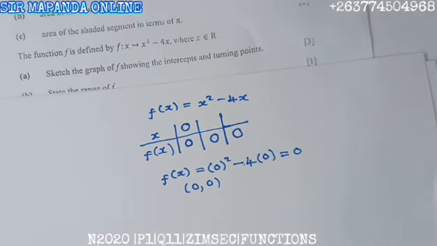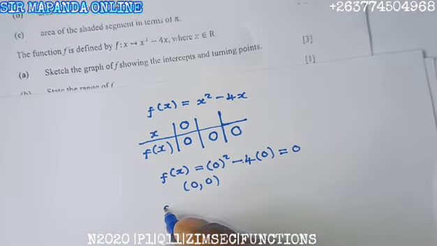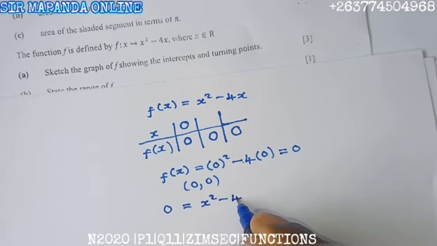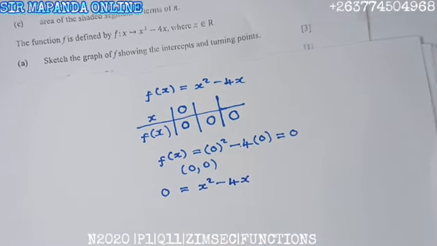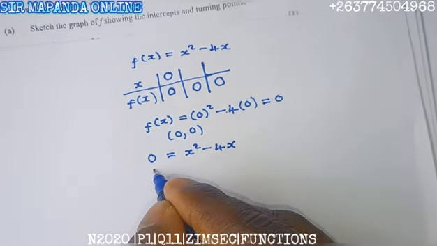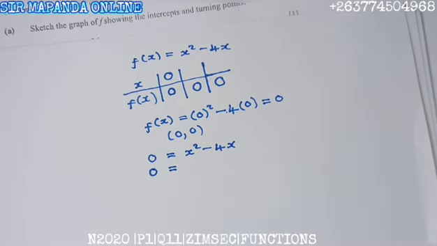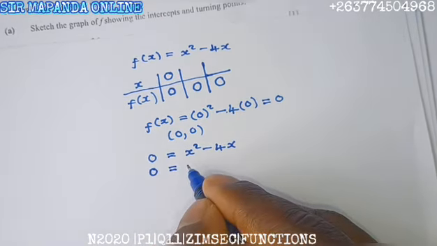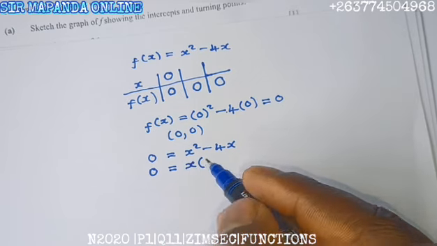Then to find the other intercepts, I'm going to put 0 for f of x so that we know the values of x when f of x is 0. So you get 0 is equals to x squared minus 4x. Then you need to factorize the right side by factoring out x as the highest common factor.